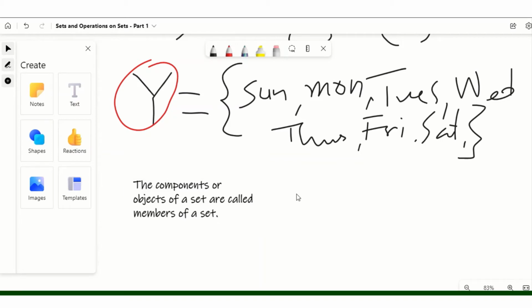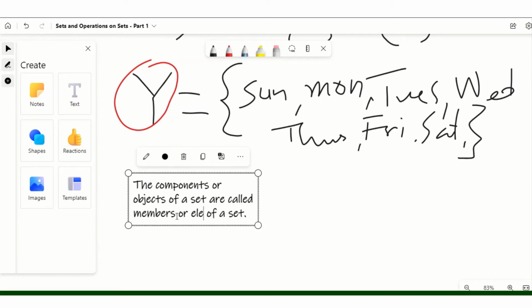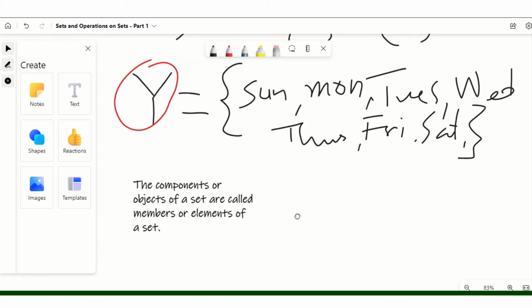They are called members or elements. Let's bring that one in. Members or elements of a set. So that's something we should know. Members or elements of a set.